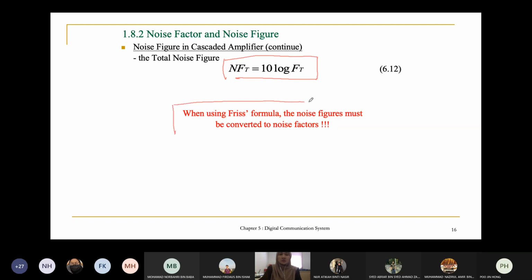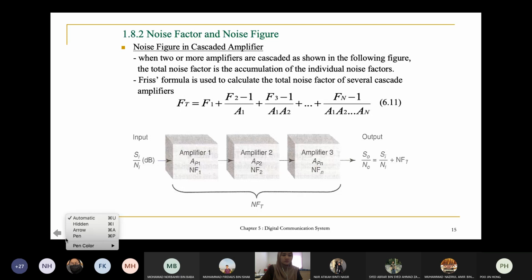And this is also very important. When you are using the Friis formula, you must make sure that the noise figure is converted to noise factor. F1, F2, F3, these are noise factors. For example, in this figure, which is not a question but an example, amplifier 1 gives the value for the noise figure: NF1, NF2, NF3.